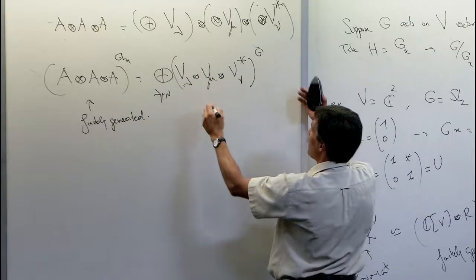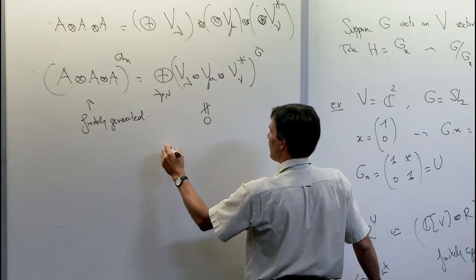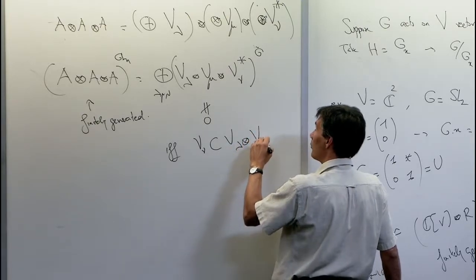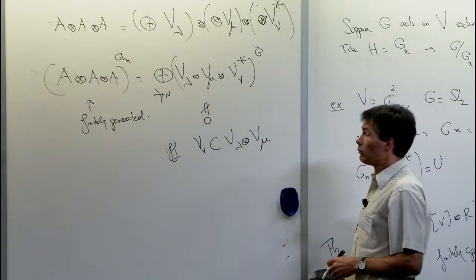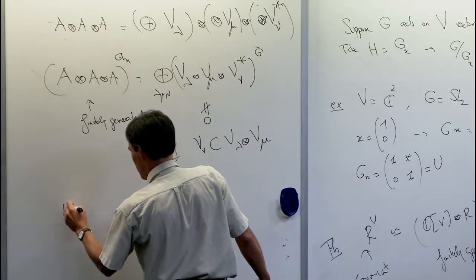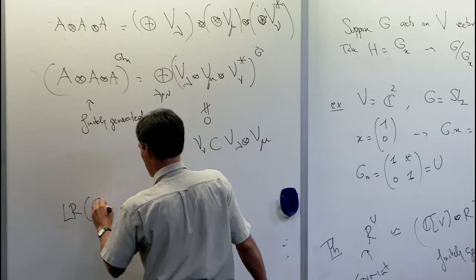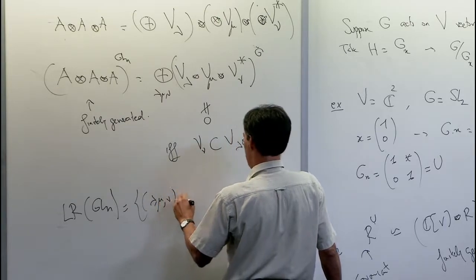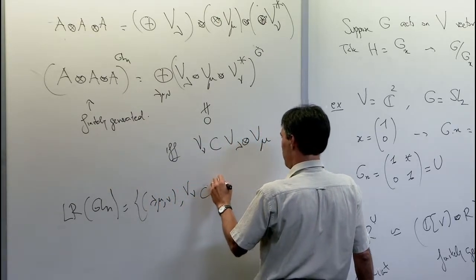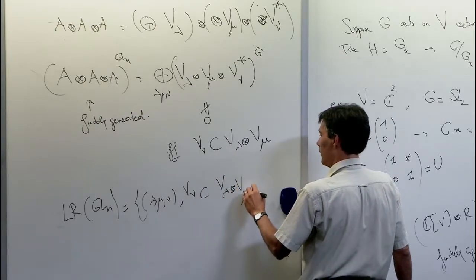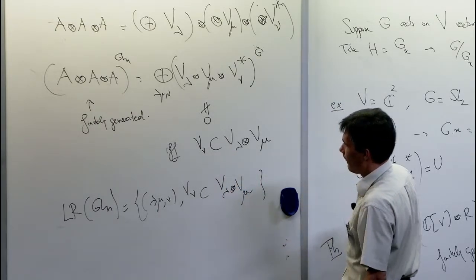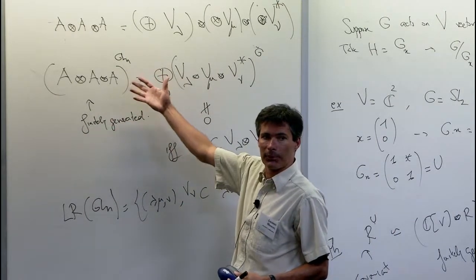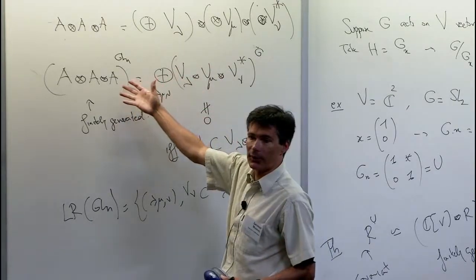And when do I have something nonzero here? Exactly if and only if V nu is contained in the tensor product of V lambda tensor V mu. This is usually called the Littlewood-Richardson cone, for GLn or SLn: the set of triples lambda, mu, nu such that V nu is contained in the product of V lambda and V mu. This is the set of weights of this finitely generated algebra.